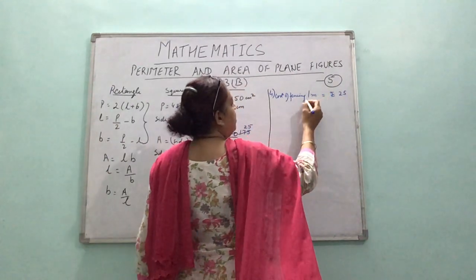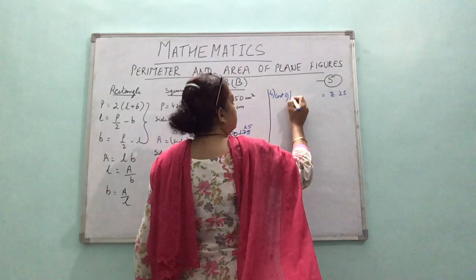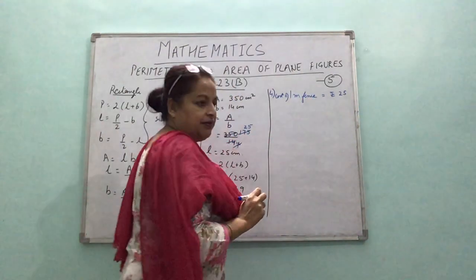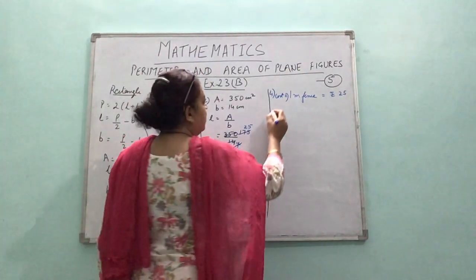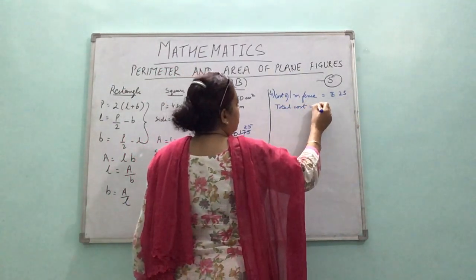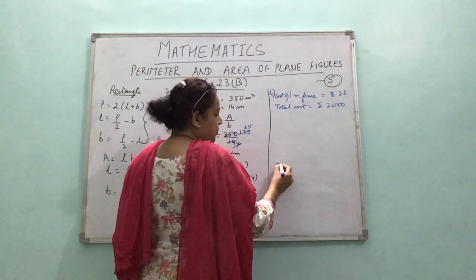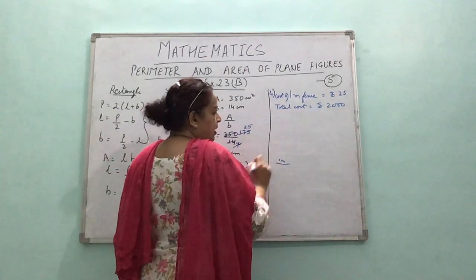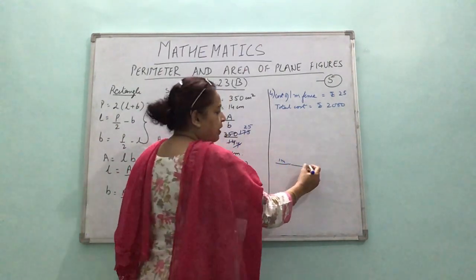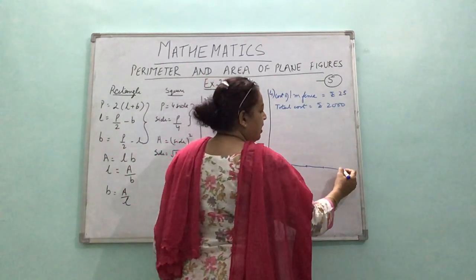Cost of fencing 1 meter is, or better option is, cost of 1 meter fence is a better sentence, is rupees 25. And total cost is rupees 2000. That means if it is 1 meter, I pay 25 rupees. 2 meter, 2 into 25. 3 meter, 3 into 25. 4 meter, 4 into 25, like that.